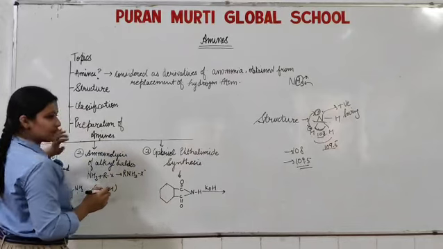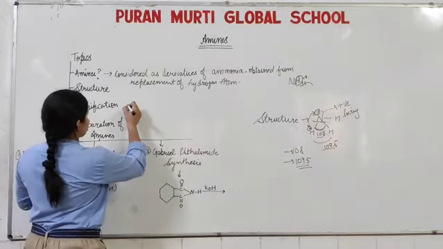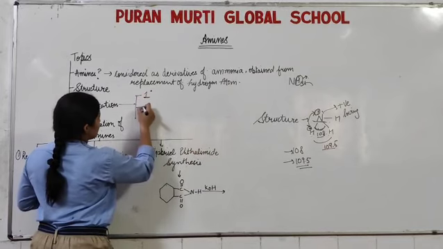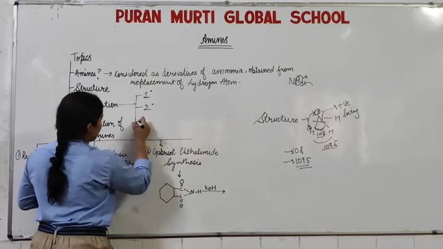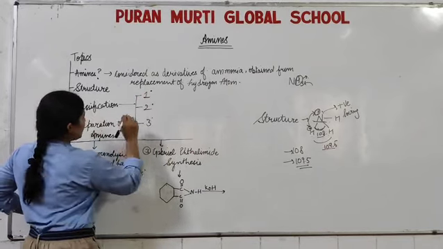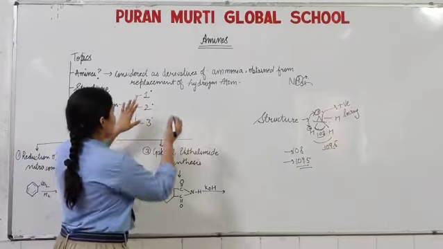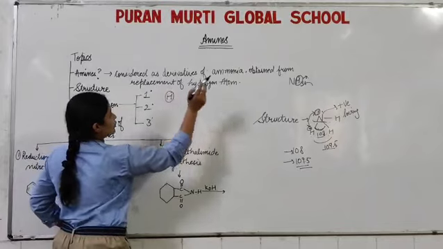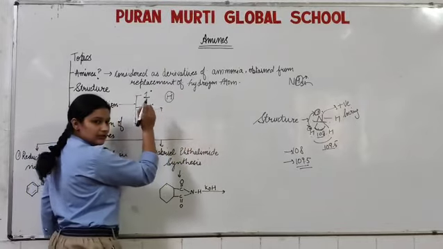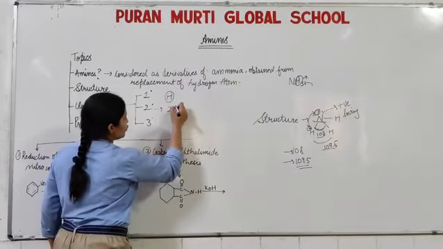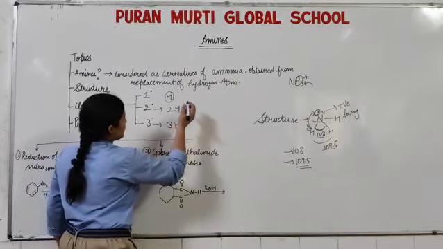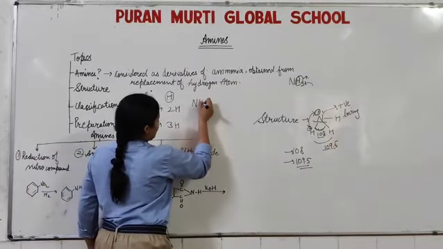Let's move to the classification now. In classification there are three classes: first is primary, next secondary, and then tertiary. It simply means in primary, we replace one H of ammonia, in secondary we replace 2 H, and in tertiary we replace 3 H. For example, we have NH3.